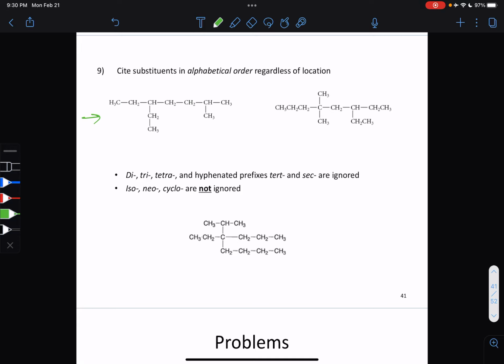Now the question for us is, are we going to number left to right, or are we going to go right to left? Oops, I have just picked up an extra carbon somewhere. Left to right, I'm seeing 7, and on right to left, I'm seeing 8.